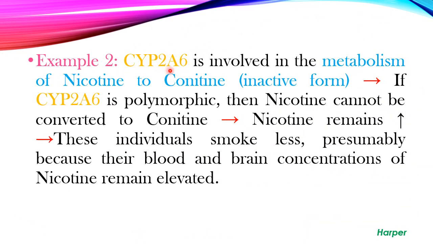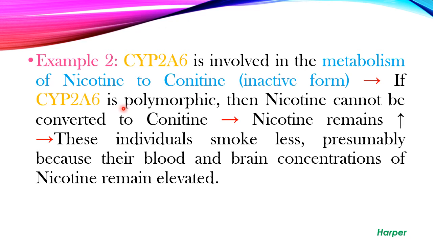The second example which is associated with polymorphism is CYP2A6. CYP2A6 is a type of cytochrome P450 which is normally involved in metabolizing nicotine to cotinine, as a result of which active nicotine is converted into its inactive form, which is called cotinine.